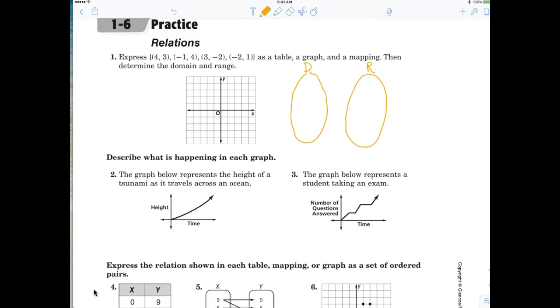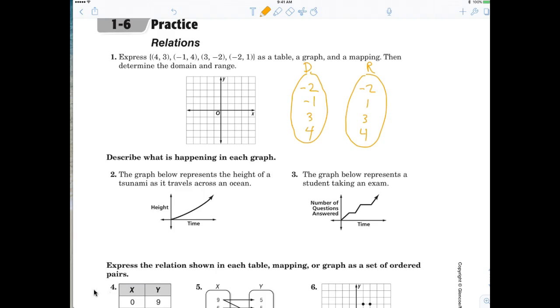So I would say -2, then -1, then 3, then 4. That's how I would write it. And then I would write the range in order also. And the range would be -2, 1, 3. Wow, is that right?